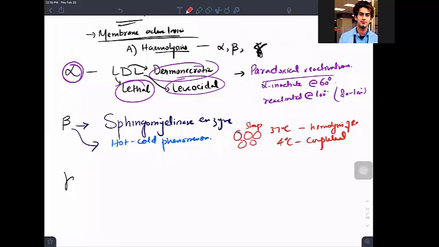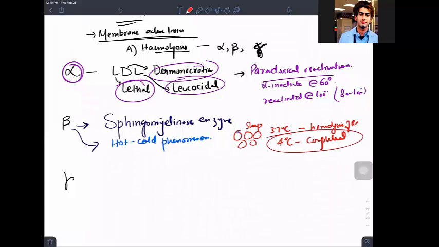So can I say in Staph aureus, the hot and cold phenomenon, the beta hemolysis is best seen at 4 degrees centigrade? You can write that.